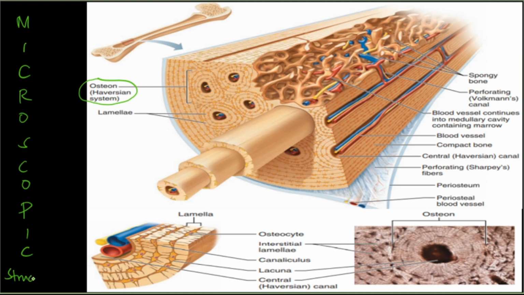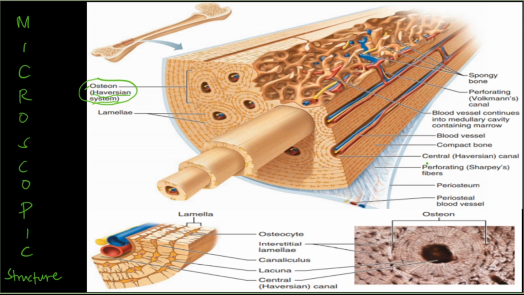Each osteon is made up of another structure, what we call your haversian canal, or your central canal.